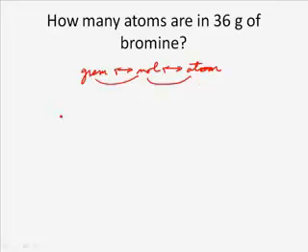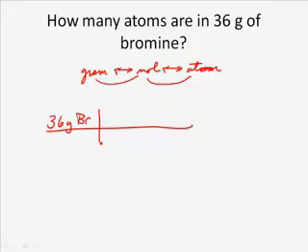We start with what we're given. And what I'm going to do is I'm going to lay out my units first. Sometimes that helps if you do your units first and then go back and plug in your numbers. So I know I need grams on the bottom, and I cannot go grams to atoms in one step. I need to go grams to moles first, then I can go moles to atoms.